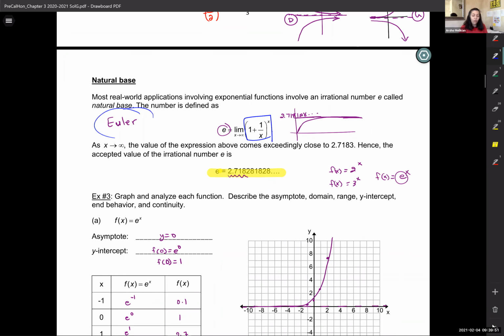Euler was a prolific mathematician. He discovered and came up with so many things. There is E named after him. There's Euler's method. There's Euler's formula. There's Euler's this. There's Euler's that. And it got to a point where everything was being named after Euler.